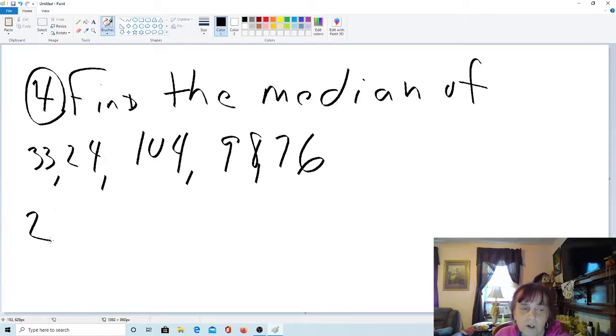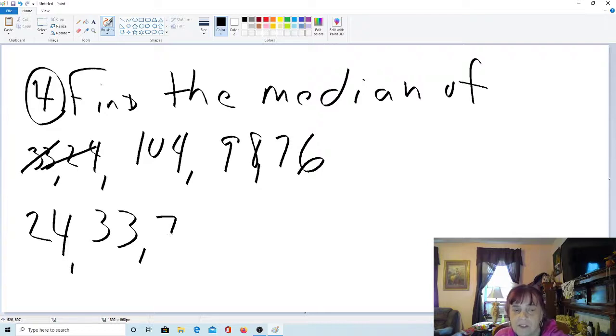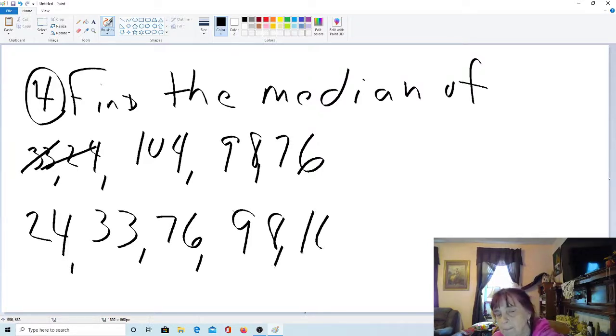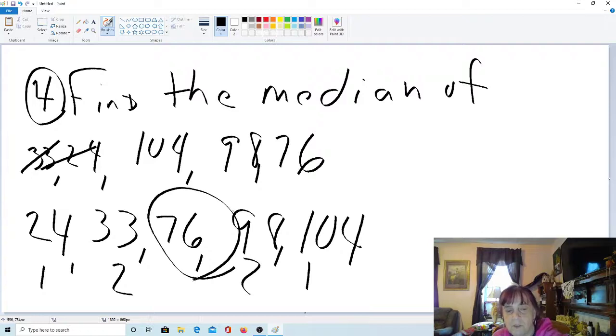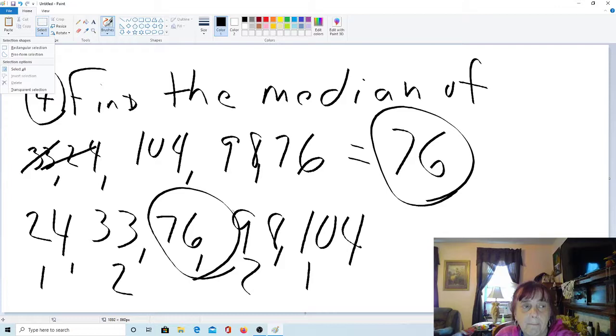You have 24, 33, 76, 98, 104. So the middle number is 76. That's your median.